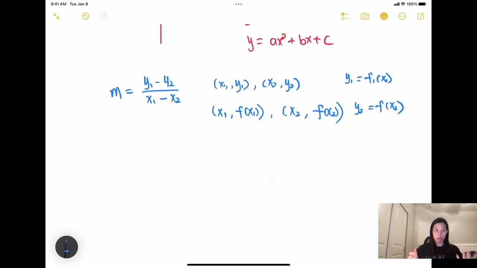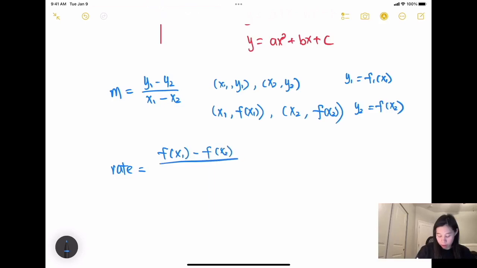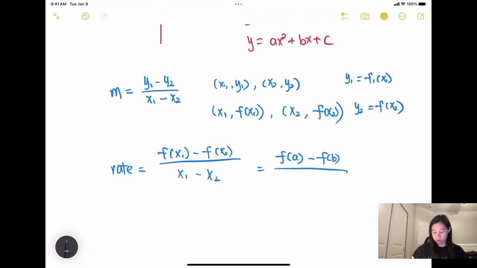They are the same thing. Remember that. So the rate of change is going to equal f of x1 minus f of x2 over x1 minus x2. Basically, it's y1 minus y2 over x1 minus x2. If you feel like x1, x2 is confusing, you can use a and b: f of a minus f of b over a minus b.